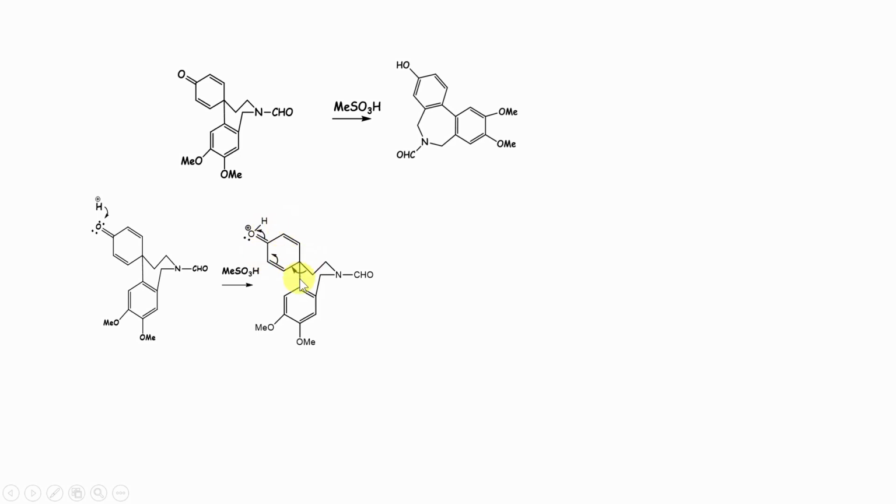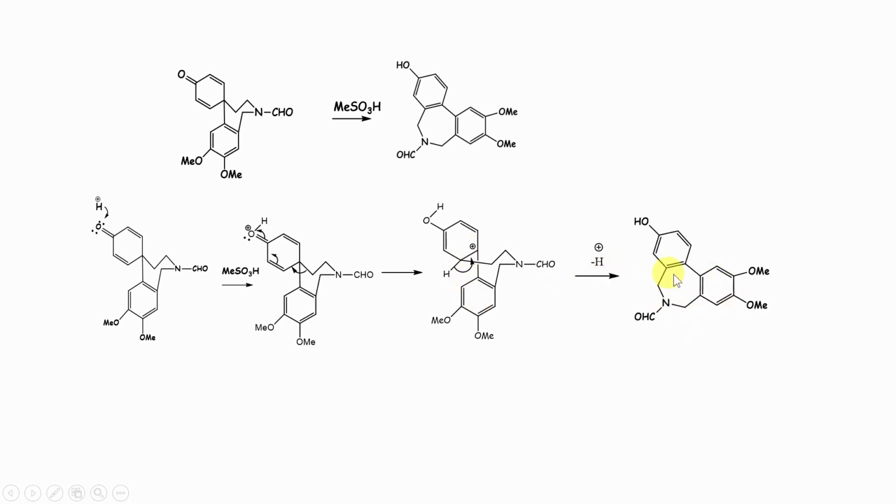And then by the shift of pi electron towards oxygen, this carbon becomes a secondary carbon atom, whereby an alkyl group shifts to this secondary carbon atom, leading to the formation of a more stable tertiary carbocation. And from this tertiary carbocation, a proton is eliminated to form the final product.